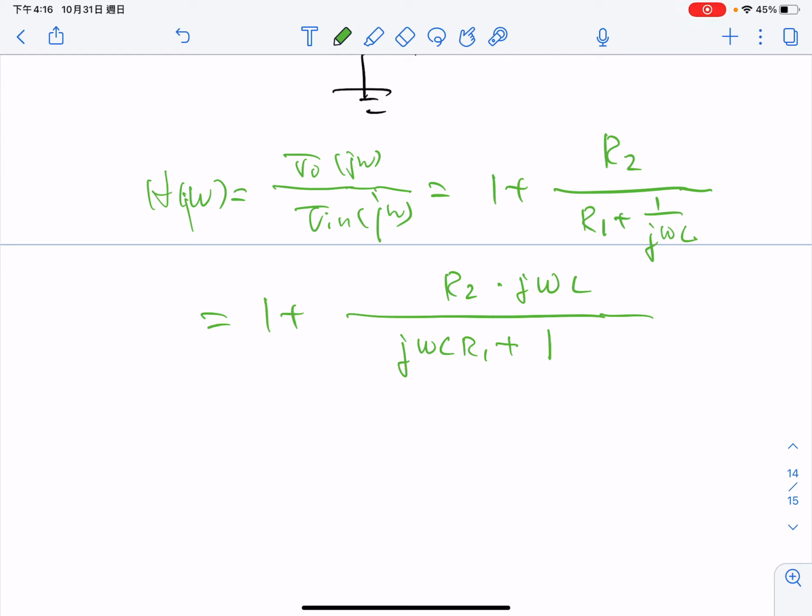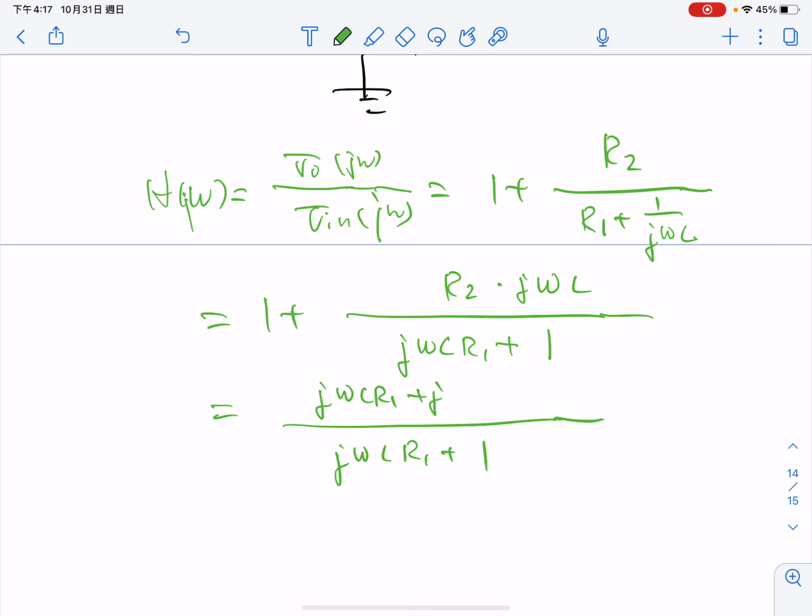The j omega C goes the other way. Yes. This one will be j omega C R1 plus 1. And this one will be j omega C R1 plus j omega C R2 plus 1, right?